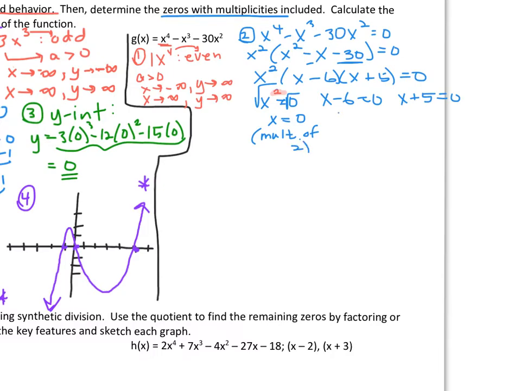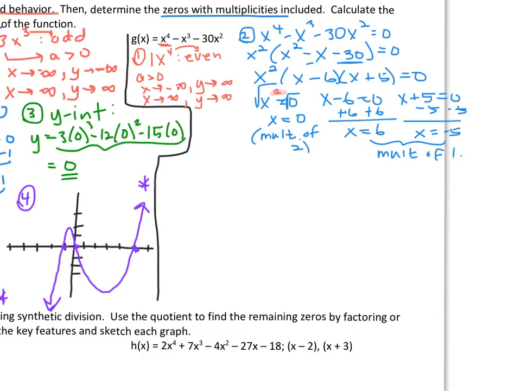For x minus 6, if we move 6 over by adding, we just get x equals positive 6. And if we move 5 over, we need to subtract, and we would get x equals negative 5. Neither of those factors had any exponents, so these would both have a multiplicity of 1. And again, that's significant when we sketch our graph.